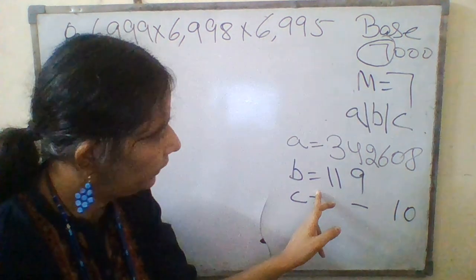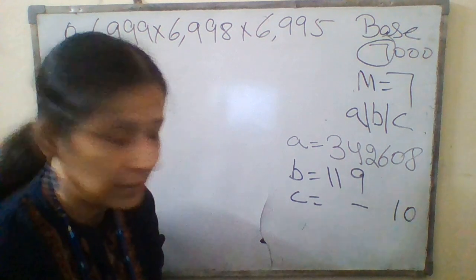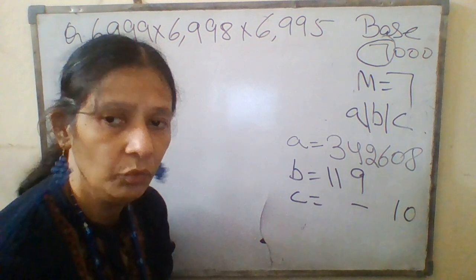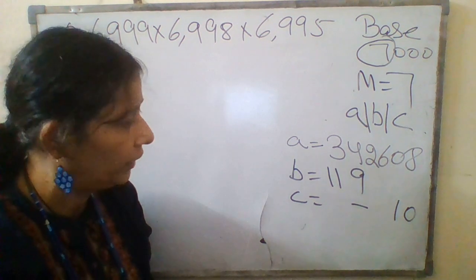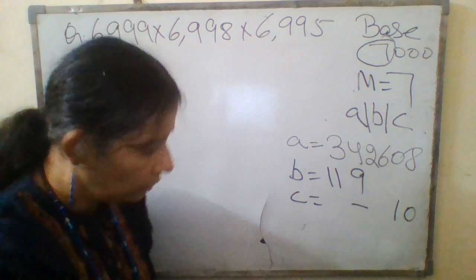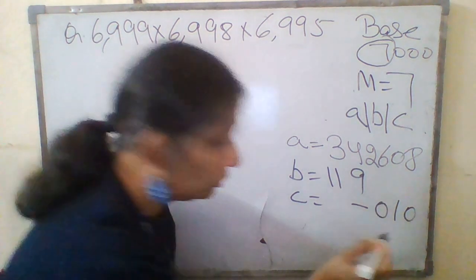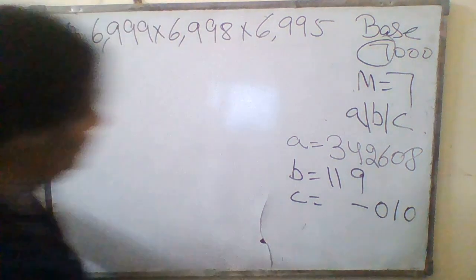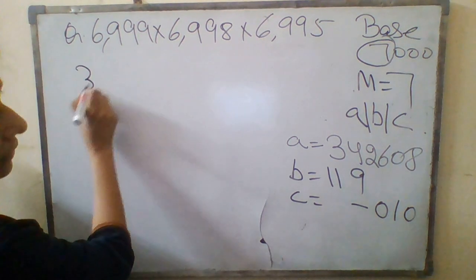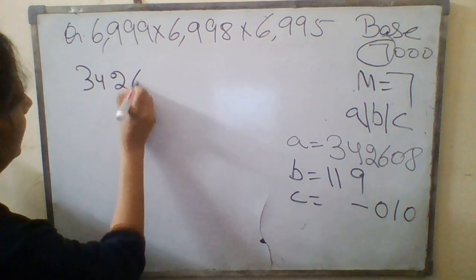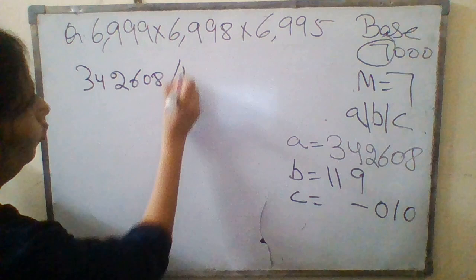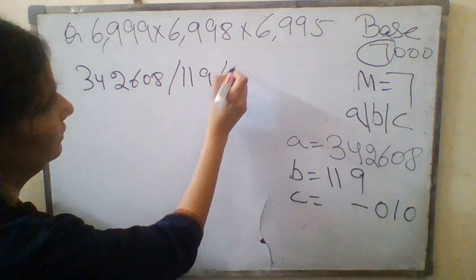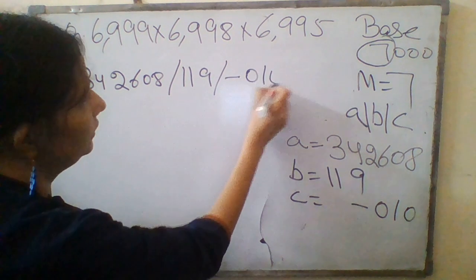So in b part you have 3 digits, but in c again you have to make it 3 digits. So how will you make it? This is 10, so you can write down here 010. Okay, so first write down these numbers as it is. 3 4 2 6 0 8 slash 119 slash minus 010.